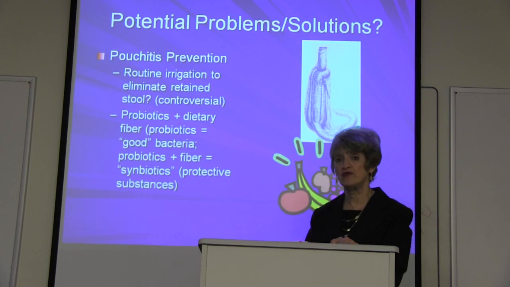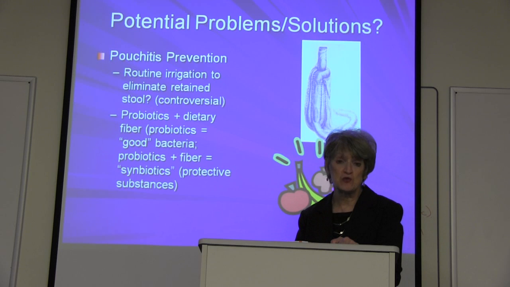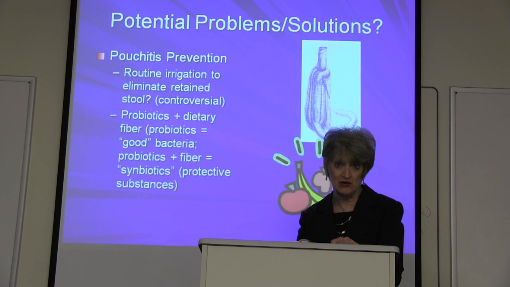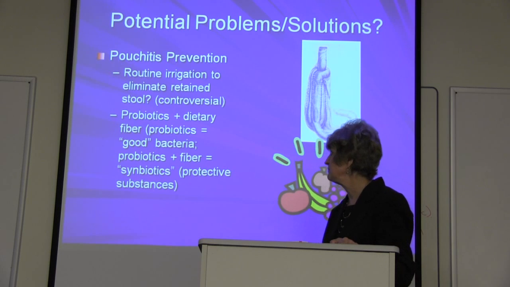Now that's very controversial because we've learned so much more about bowel health. We've learned that when you're constantly flushing a segment of the bowel, you're altering the bacterial balance and you're flushing out the good bacteria and you might be causing the problem. So at present, the concept of routine irrigation is very controversial and most clinicians are moving away from that recommendation.